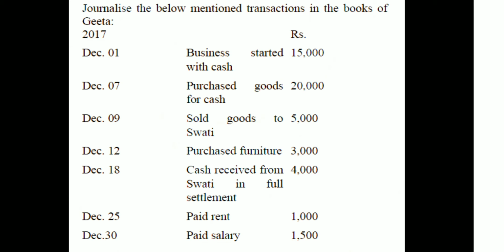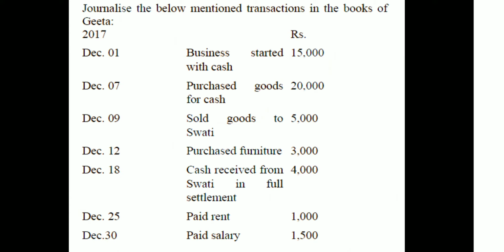Here is a question. On December 1st, 2017, business started with cash 15,000 rupees. December 7, purchased goods for cash 20,000. December 9, sold goods to Swati 5,000 rupees.